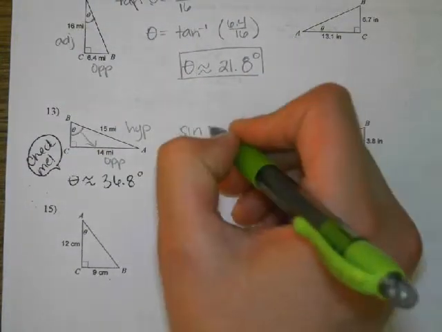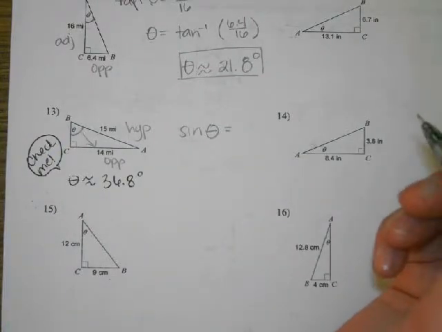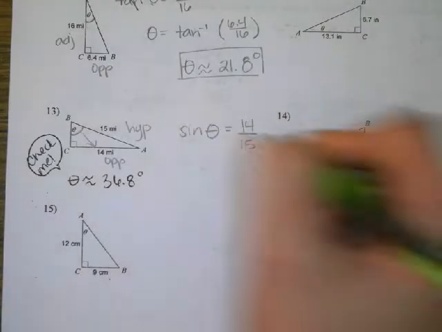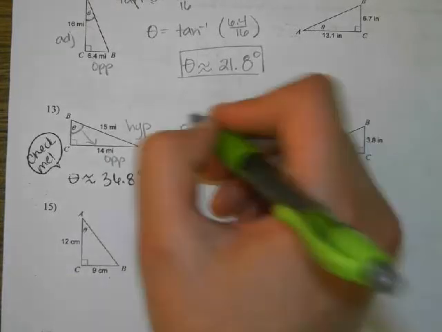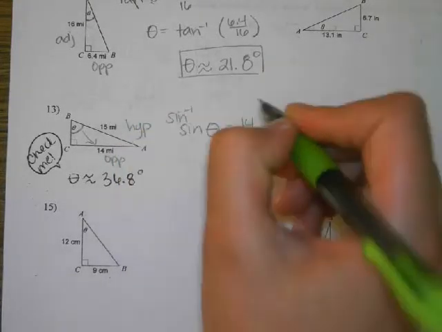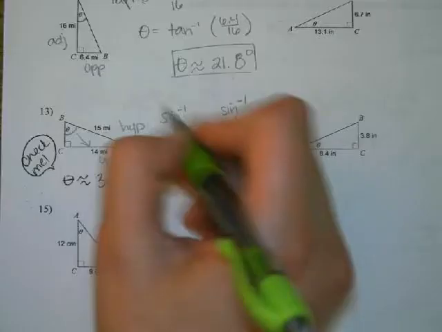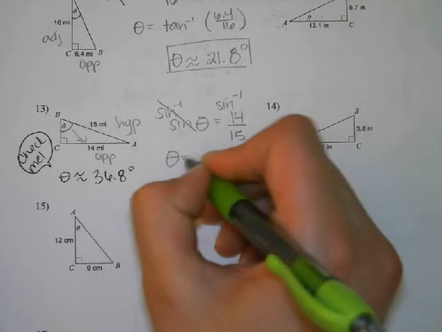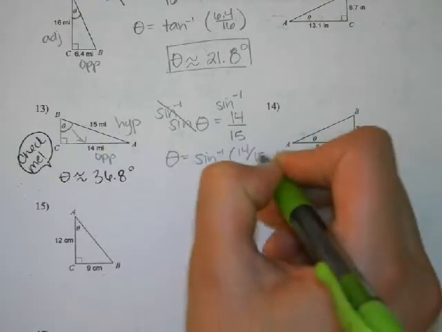So sine theta equals 14 over 15. And how do we undo sine? Sine inverse. So sine inverse the left side, sine inverse the right side, and those cancel. So theta equals sine inverse of 14 over 15.